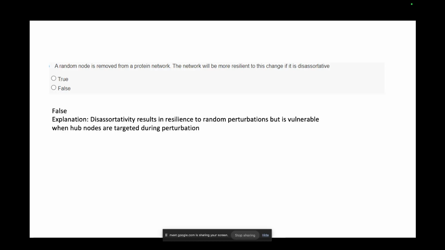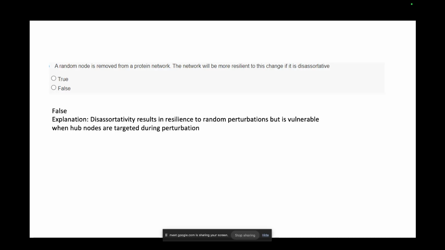I think what I read about this concept of assortativity and disassortativity is that in assortativity, hubs are connected to hubs, the same type of things are connected to the same type of things. And the opposite is true for disassortativity.